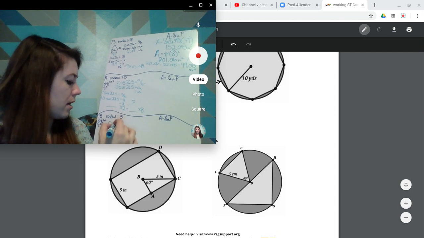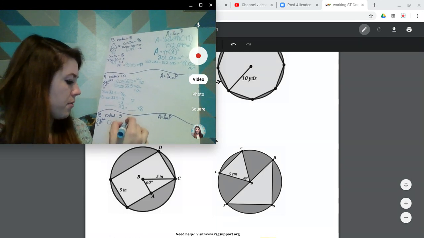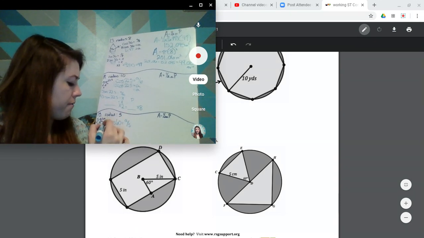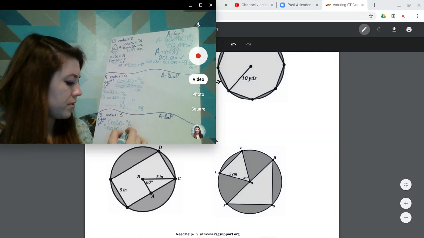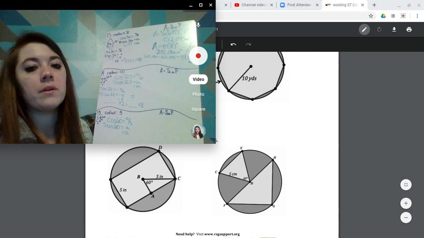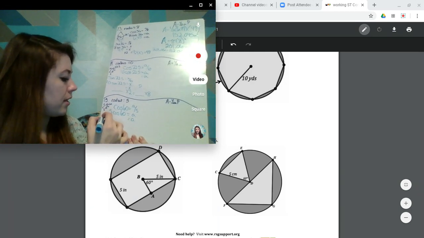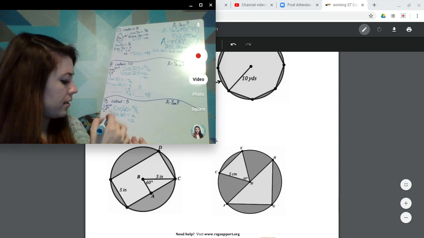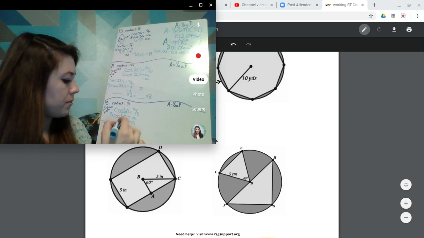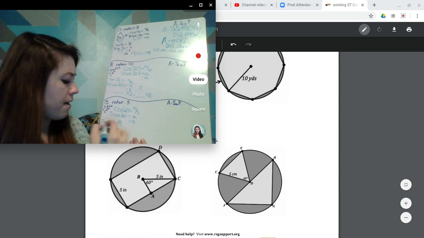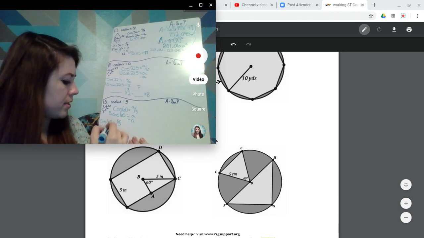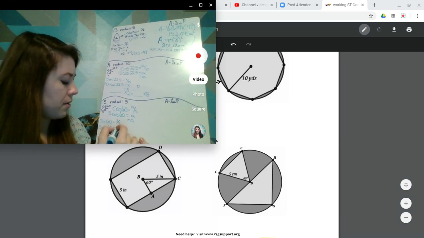So cosine of 60 equals apothem over 5. 5 cosine 60 equals apothem. Apothem equals, that's what you get to find. Then for half your side length, you're going to have sine of 60 equals x over 5. So 5 sine of 60 equals x.